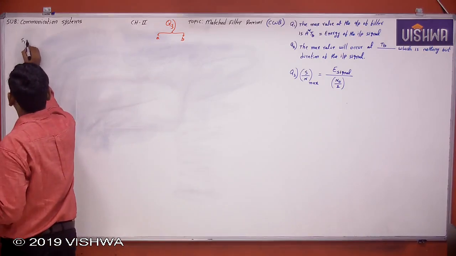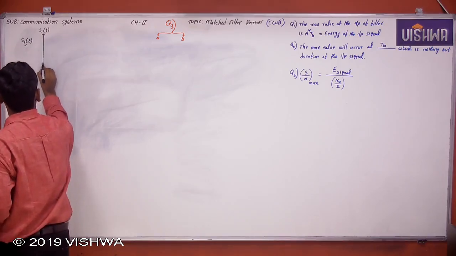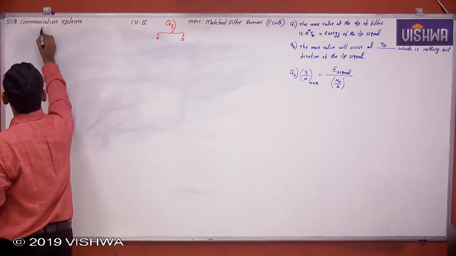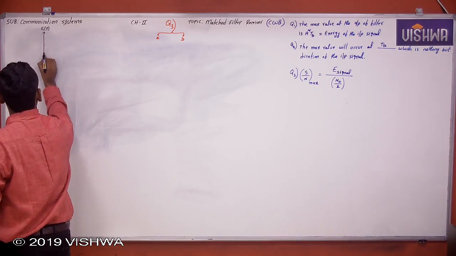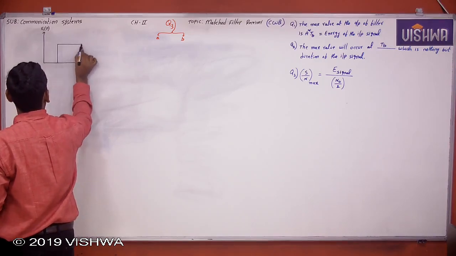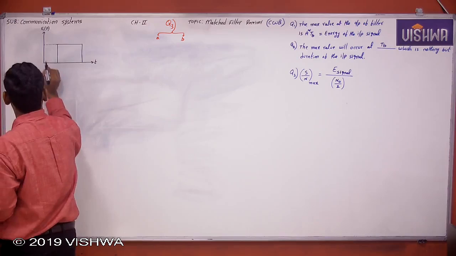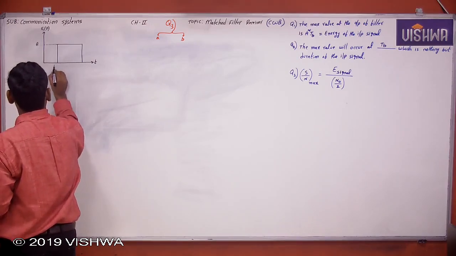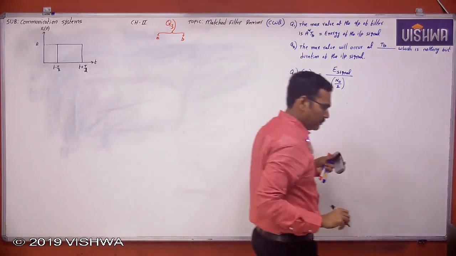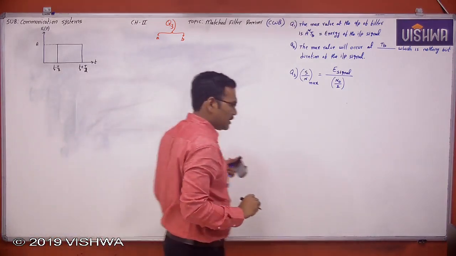Now one signal is this one, S1 of t, which is given as this.